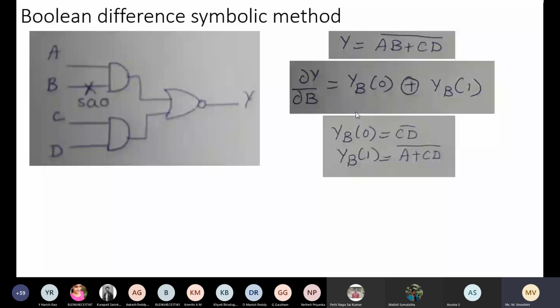A into CD. No, ma'am. So final dou Y by dou B is A into CD whole bar, that is, A into CD bar. Others?